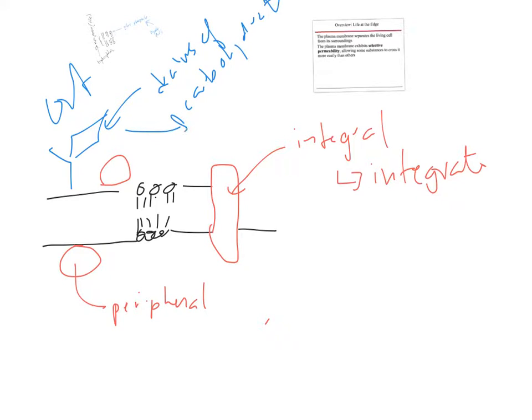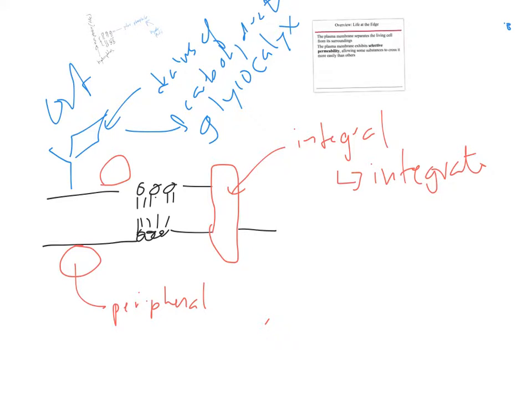This is what's going to be called the glycocalyx. We'll talk about it in a little bit. That's going to be composed of both glycolipids and glycoproteins.